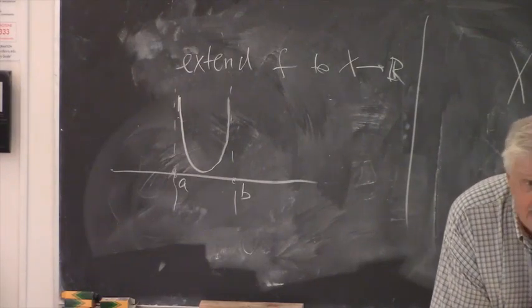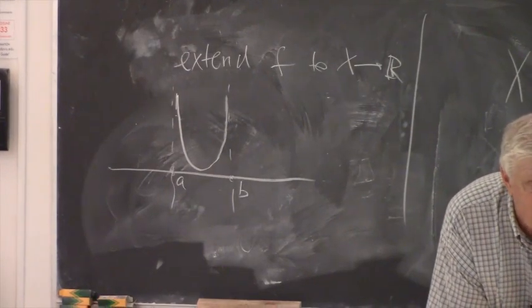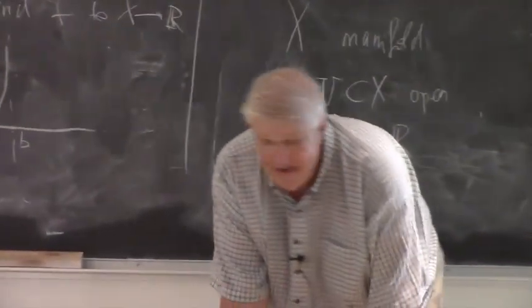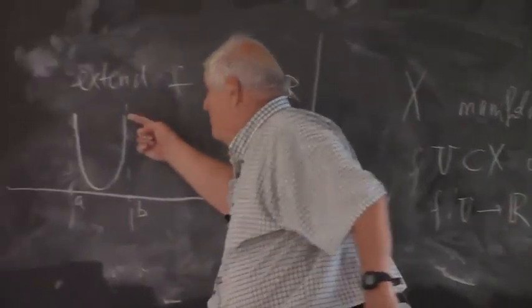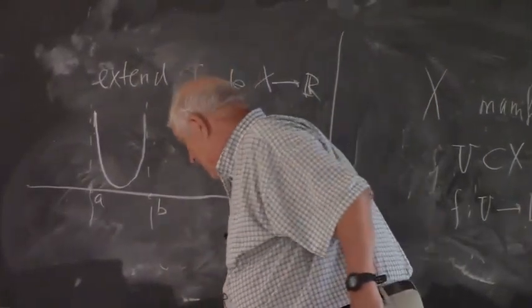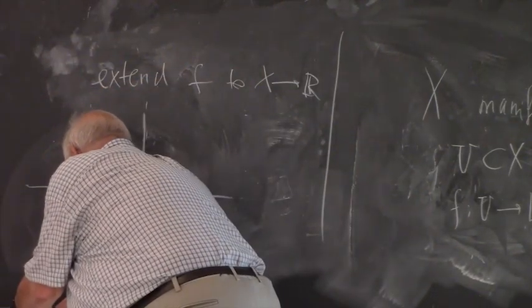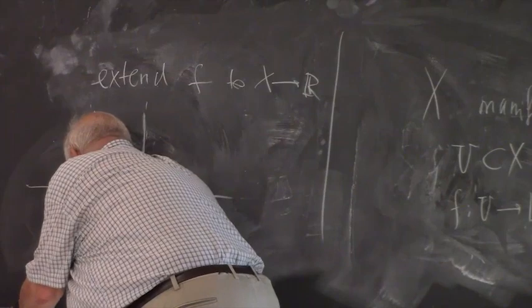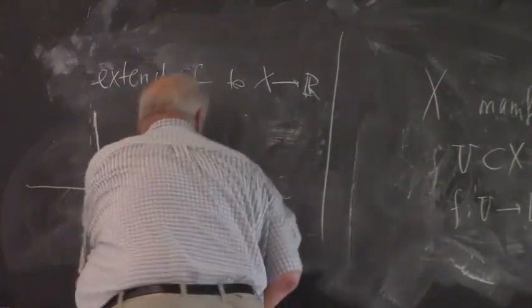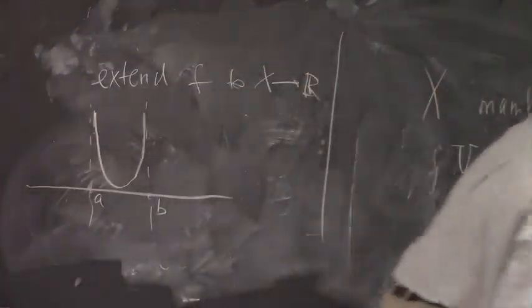Do you really think that it is possible to extend this function to the whole line? No. Somehow it should be infinity here if we make this extension. But we can do something sort of less obliging.